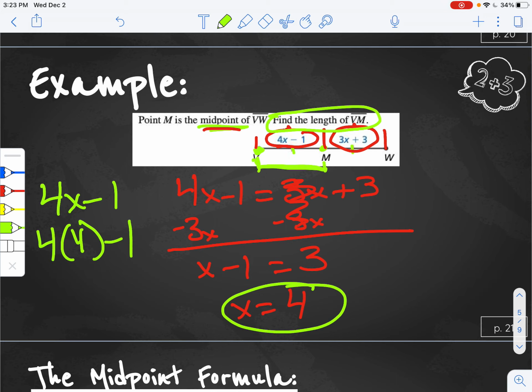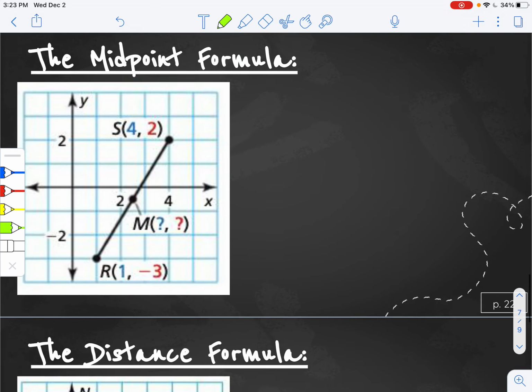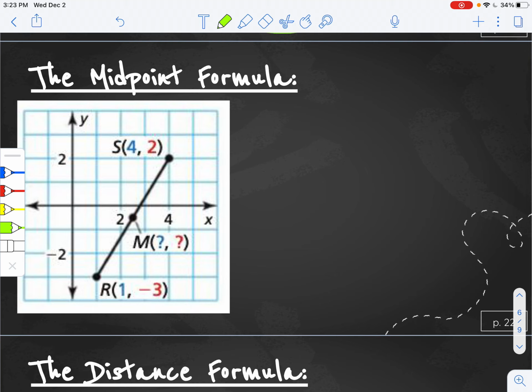We know that x equals 4, so we need to plug it in. 4 times 4 is 16, minus 1 gives us 15. So the length of VM equals 15. My fault. And you'll have questions like this on your homework.